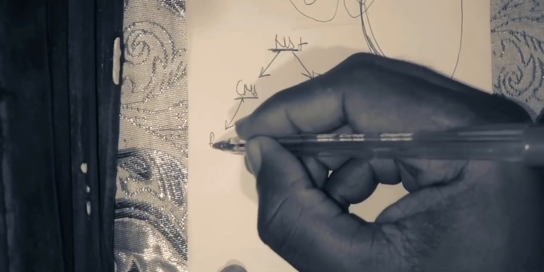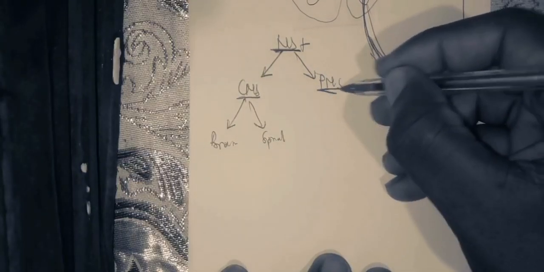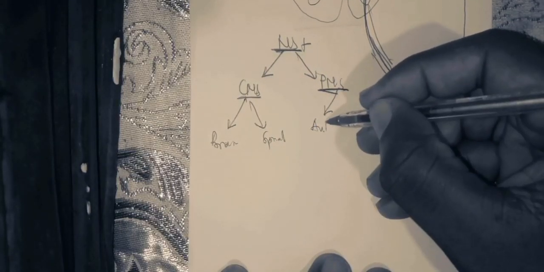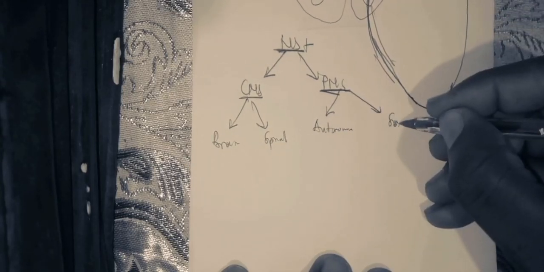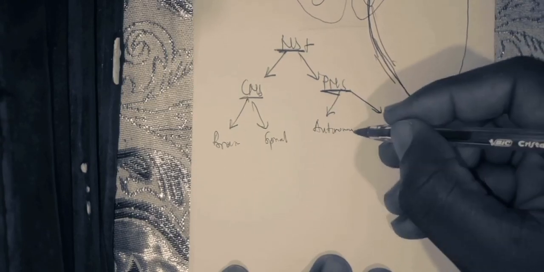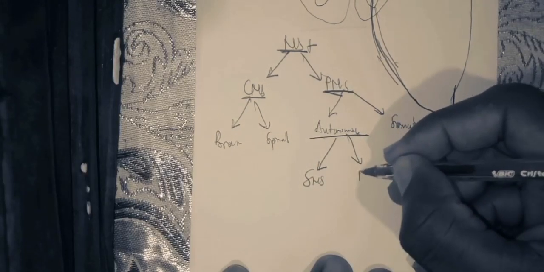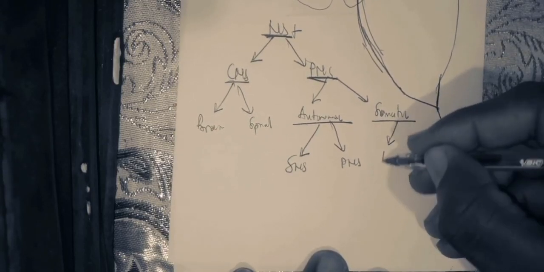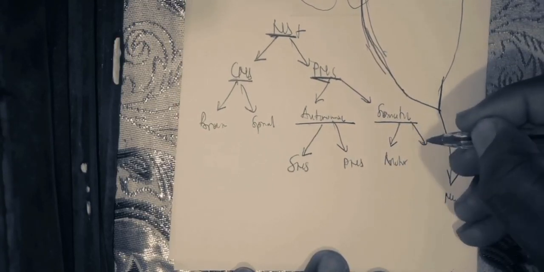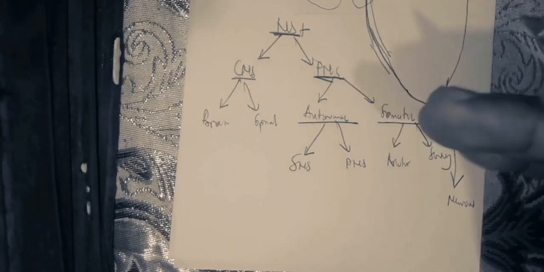The central nervous system is divided into the brain and the spinal cord, while the peripheral nervous system is divided into the autonomic nervous system and the somatic or the voluntary nervous system. The autonomic nervous system is divided into the sympathetic nervous system and the parasympathetic nervous system, while the somatic nervous system is divided into the motor and the sensory. So this is a fundamental division of the nervous system.